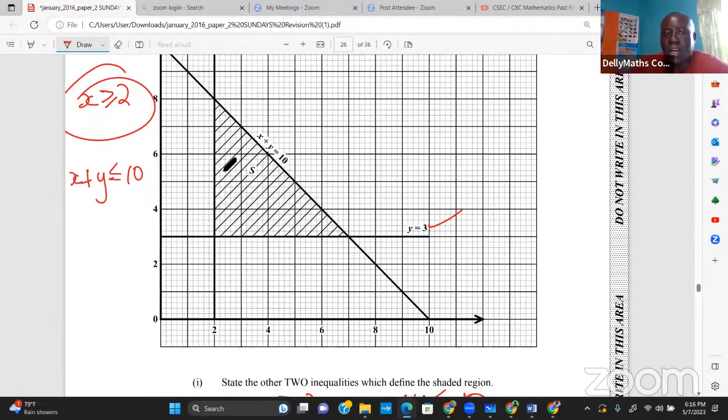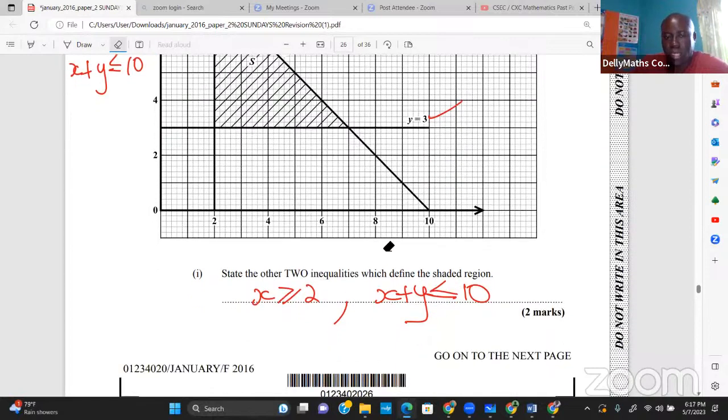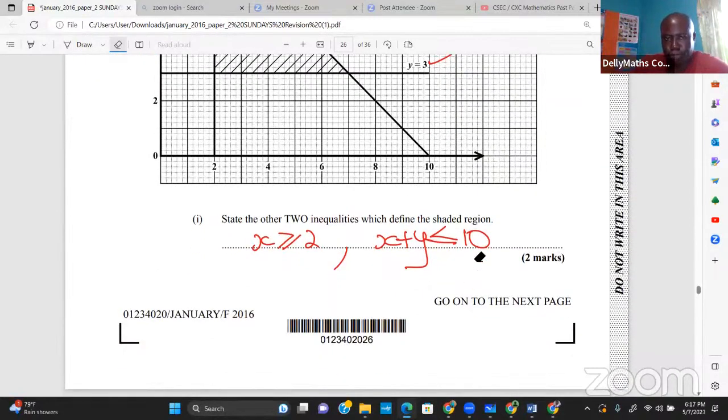The shading here would have given us the clue, because it helps us see whether the shading was above or below, to the right or to the left. We were able to see that, and then we could come up with our inequalities. So that's what they want to see from you as you work.